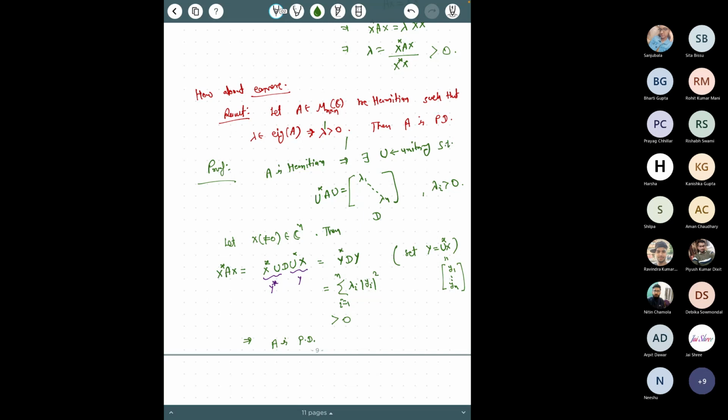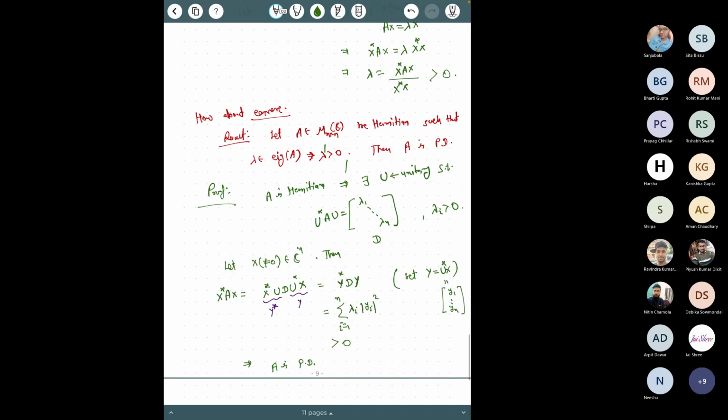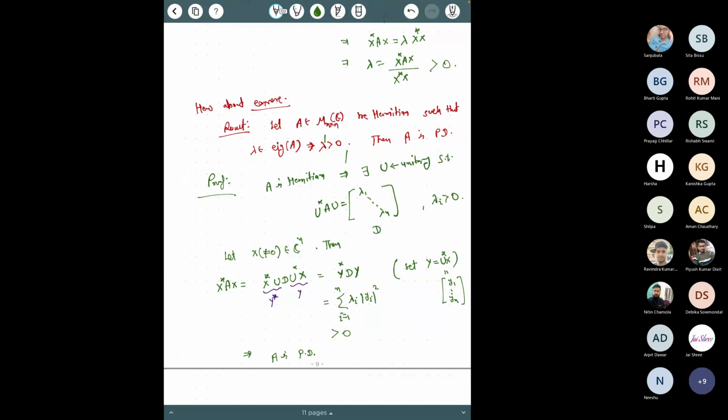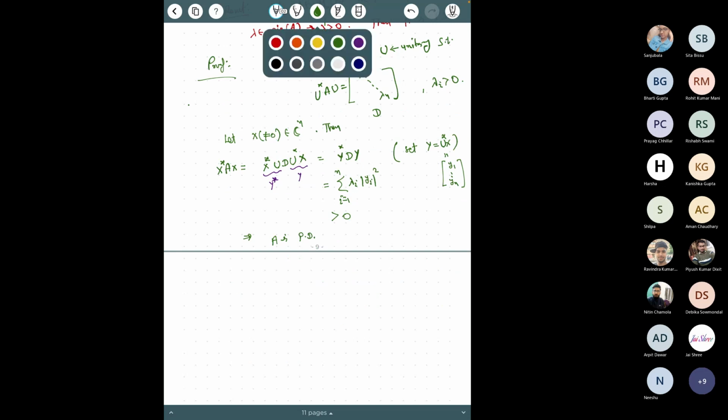So we can conclude that if A is Hermitian, then it is positive definite if and only if all eigenvalues of A are positive. The same way we can prove a result for positive semi-definite matrices: A is Hermitian, and A is positive semi-definite if and only if all eigenvalues of A are non-negative, that is, greater than or equal to 0. Let me write this result.